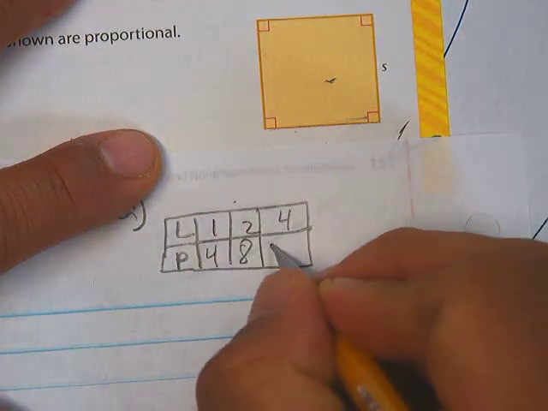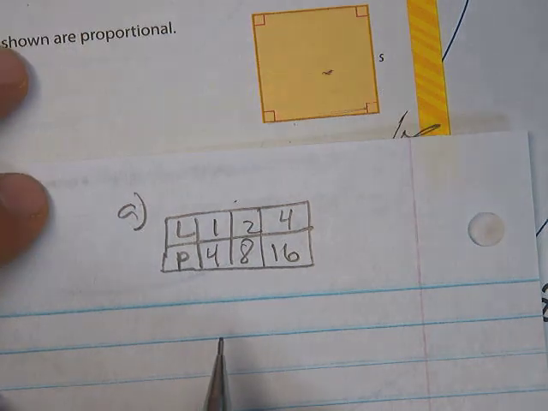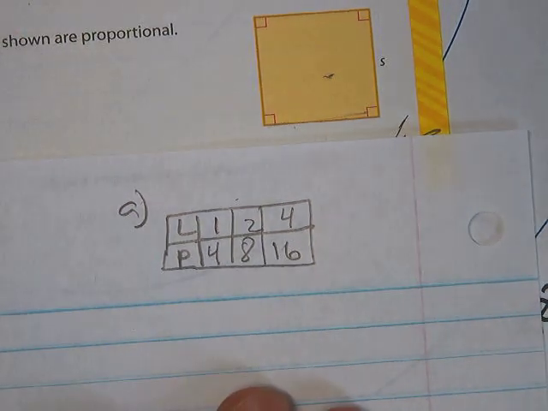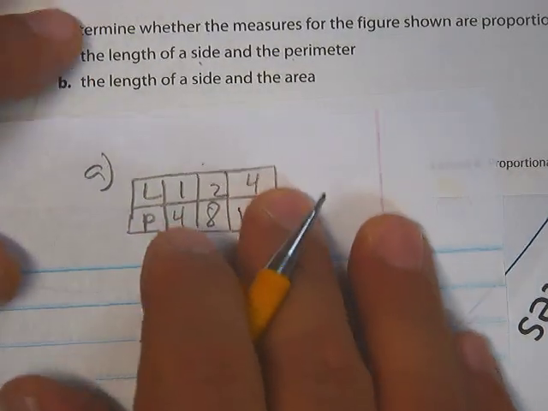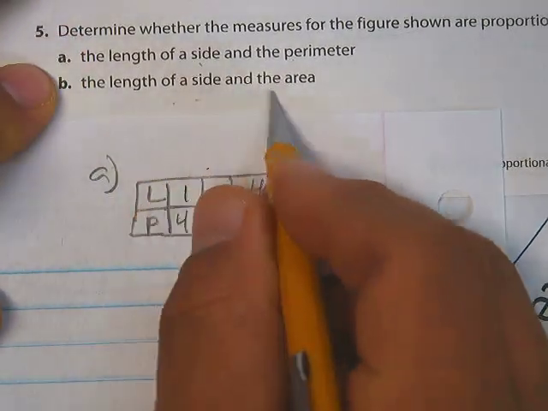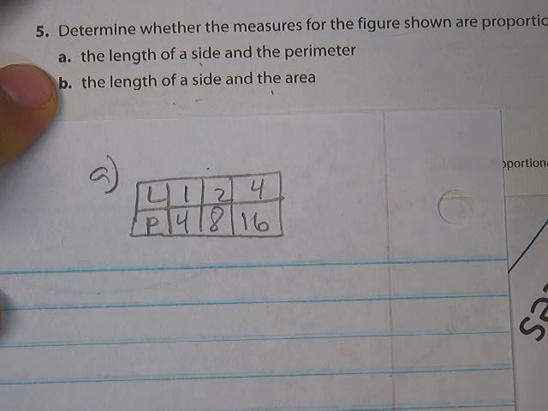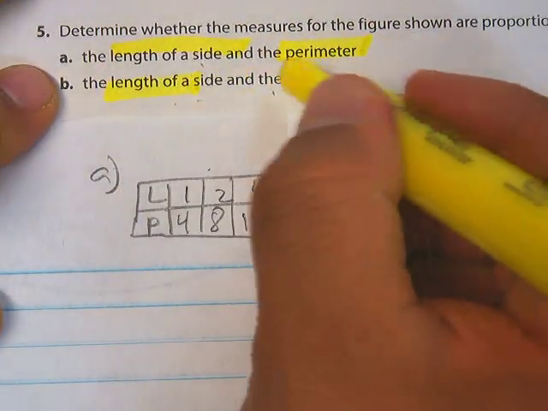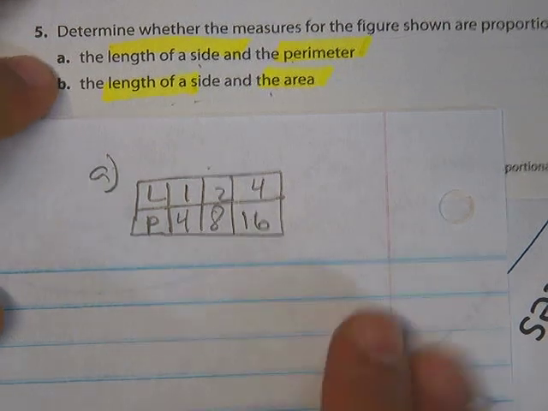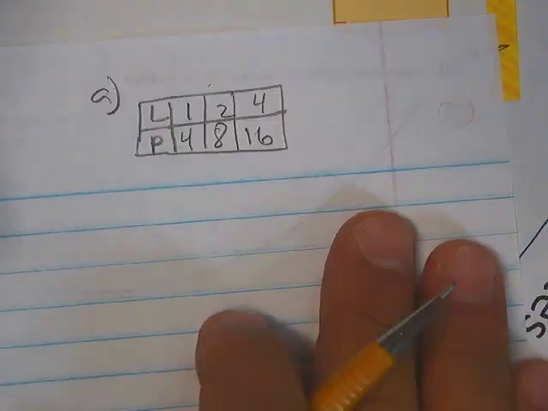What if the length is 2? Well, 2 plus 2 plus 2 plus 2 is 8. Let's say the length is 4. 4 plus 4 plus 4 plus 4 is 16.